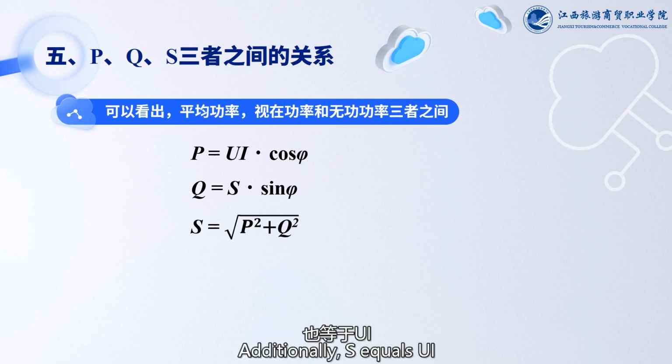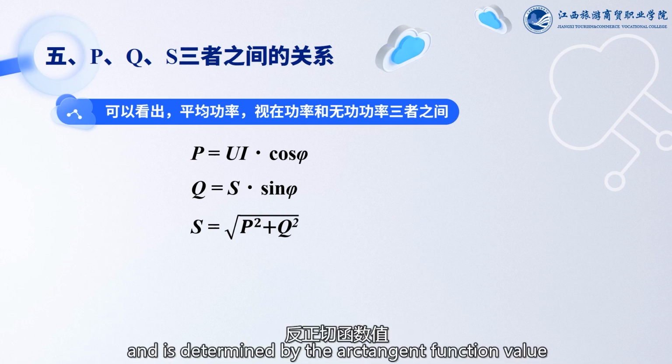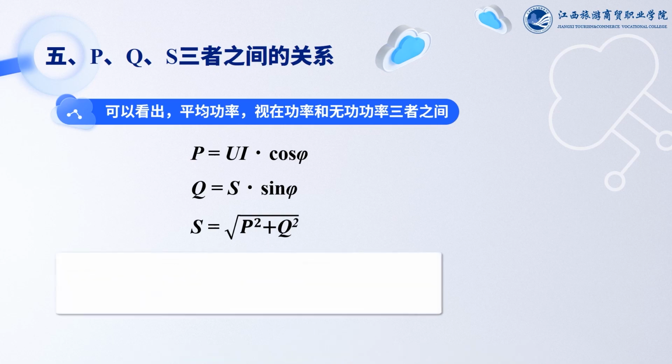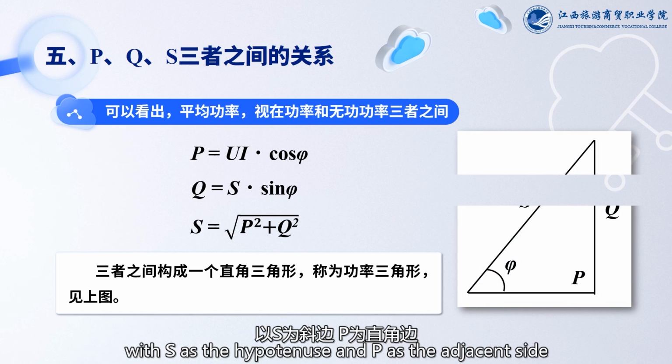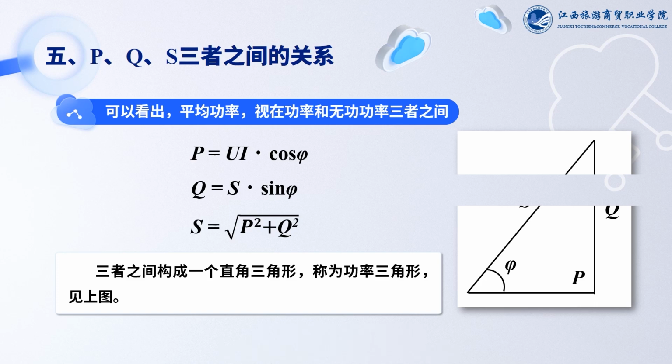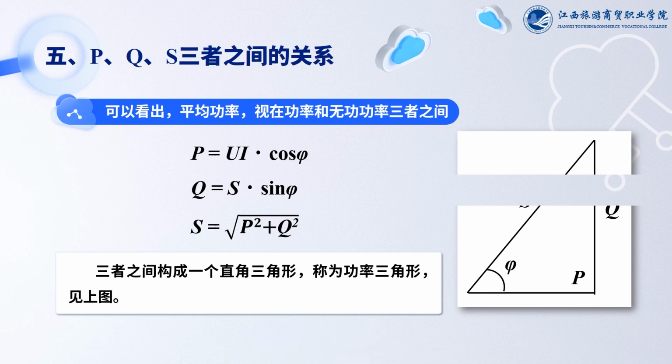Additionally, S equals UI. φ is determined by the arctangent of the ratio of reactive power to active power. It is the included angle of the power triangle, with S as the hypotenuse and P as the adjacent side. As shown in the figure above, the other right-angle side is reactive power Q.